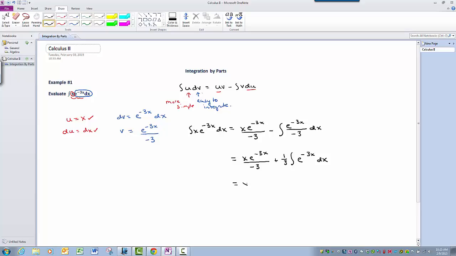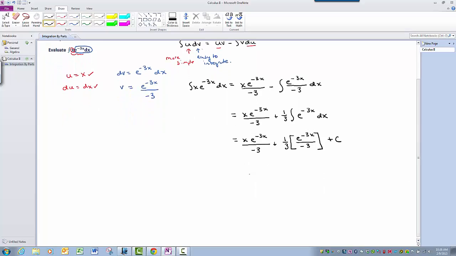So this will be equal to x e to the negative 3x over negative 3 plus 1/3 times e to the negative 3x over negative 3, and then of course we have that constant of integration. So what do we have here?